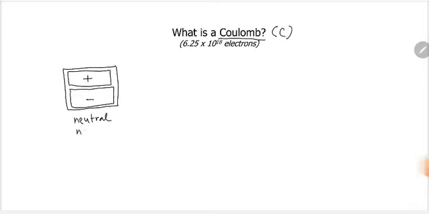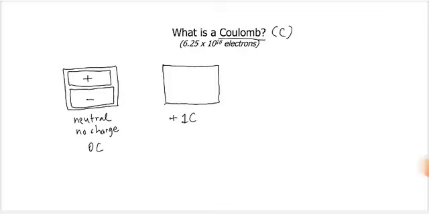Neutral, no charge, that's the same. 0 coulomb. Okay? For example, mag-represent tayo ng positive 1 coulomb na charge. Pag sinabi natin positive 1 coulomb, ibig sabihin yung object na yun ay positively charged. Kasi meron siyang positive value ng coulomb.